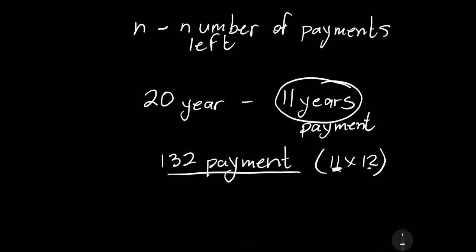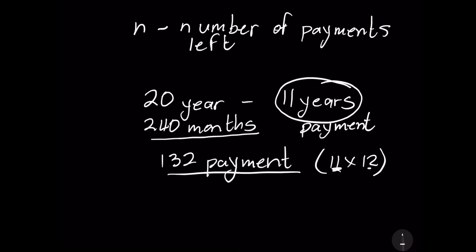In total, if you're paying for 20 years, that should take you 240 months. So the number of months you should be paying off that loan is 240.